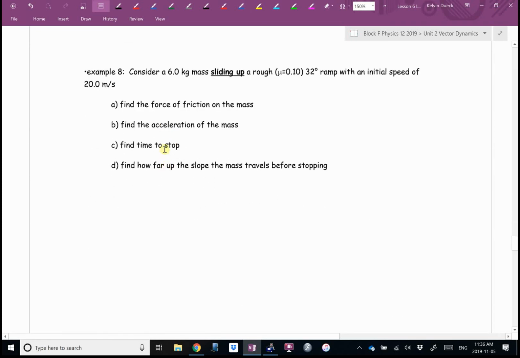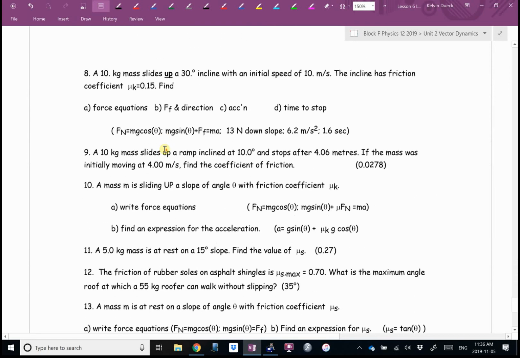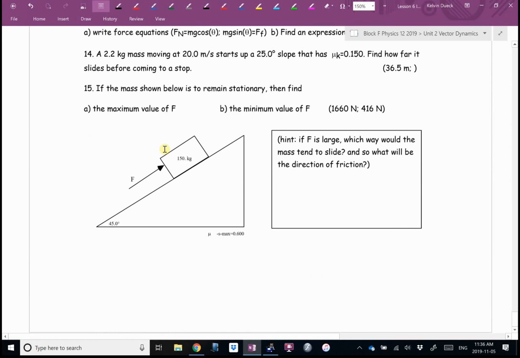I like example 8. Example 8 is a nice question. We are going to finish with this. I'm a little grumpy because I was wanting to give you lots of time to work on this and not give you much homework for the weekend. And this is really key. I'm just trying to do some mental gymnastics here.